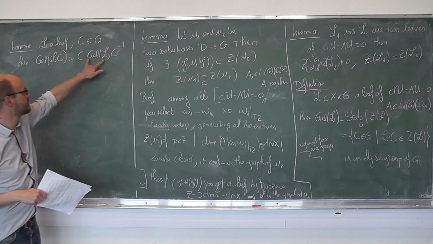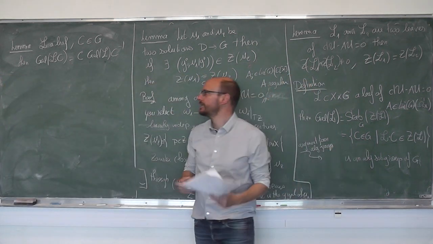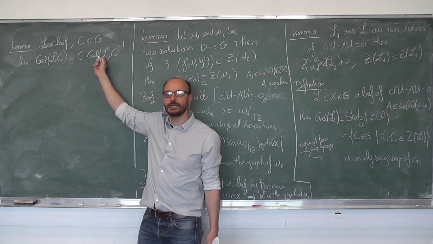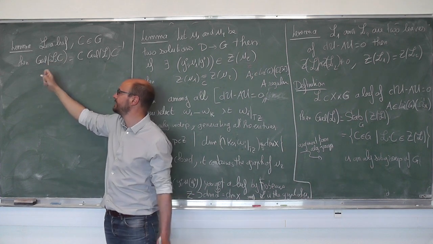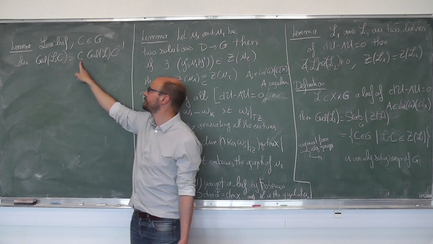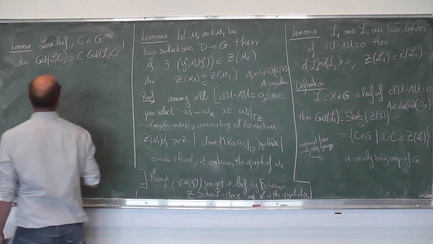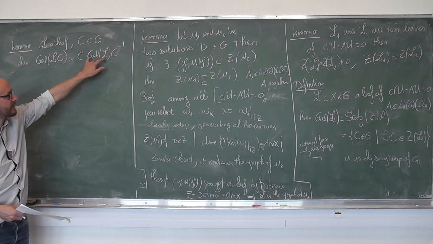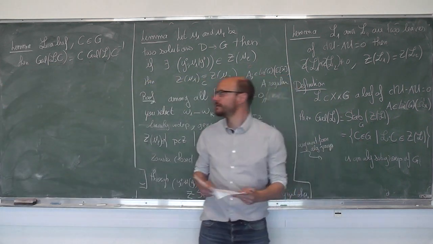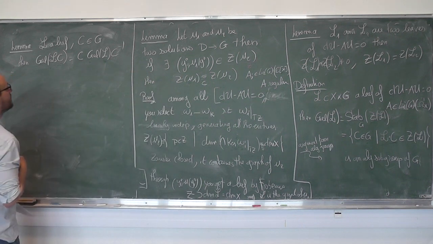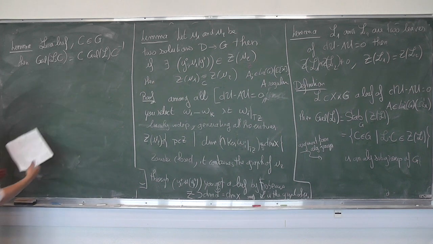Okay, so this group is a subgroup of G that depends on the leaf you are looking at. But if you change the leaf to another one, any other leaf can be written like this, then the group you obtain is just a conjugate of this one. So as an abstract group, it is well defined. Only the embedding into the group of matrices is not well defined and depends on the choice of L up to conjugation.